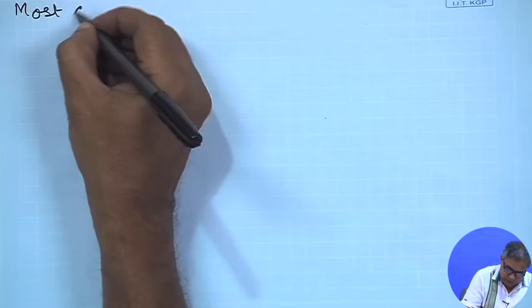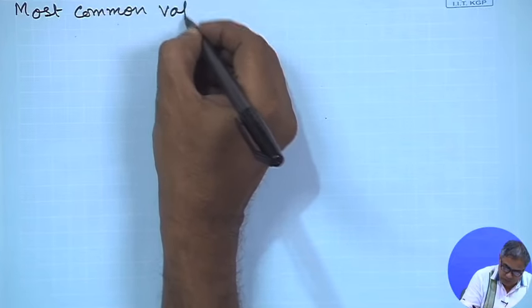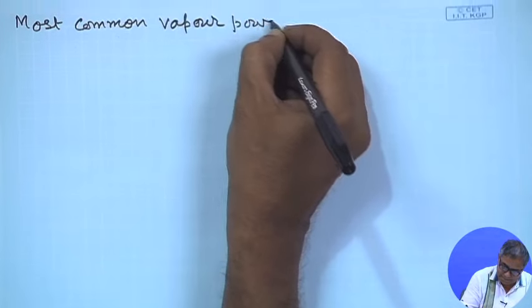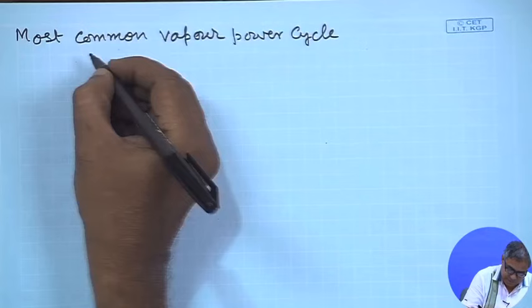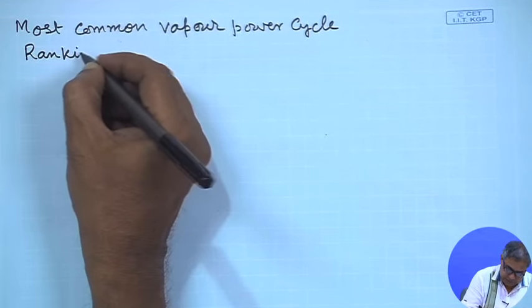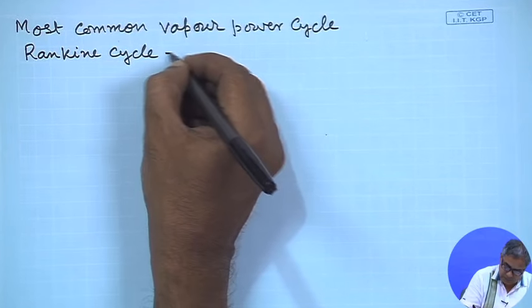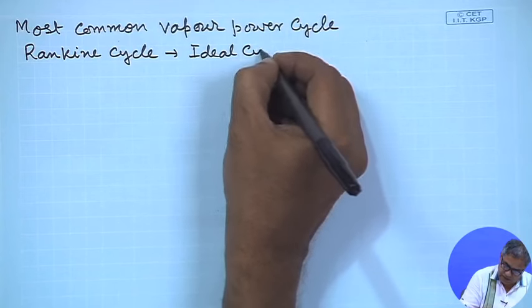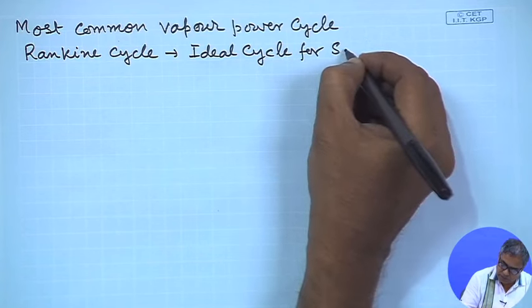Most common vapor power cycle, that is your Rankine cycle, ideal cycle for steam power plant.